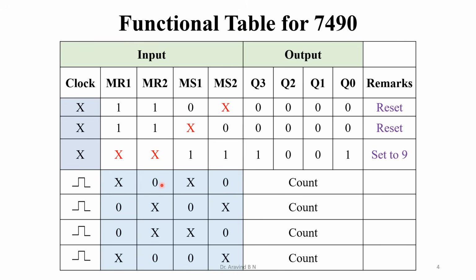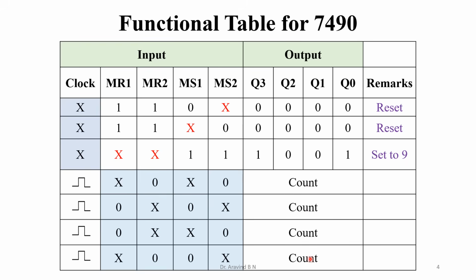Now, when we want regular counting operation, that is a sequential count, it must be one of the combinations with respect to master reset and master set. Then, as and when we keep applying the clock pulse, the regular count operation will happen.